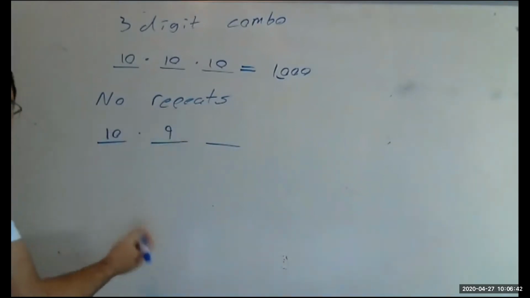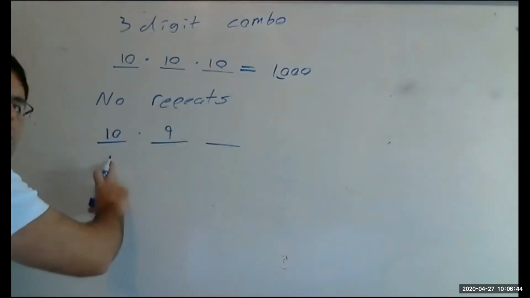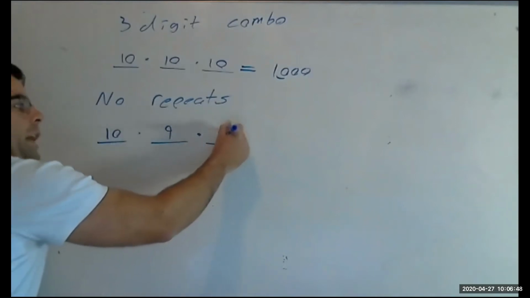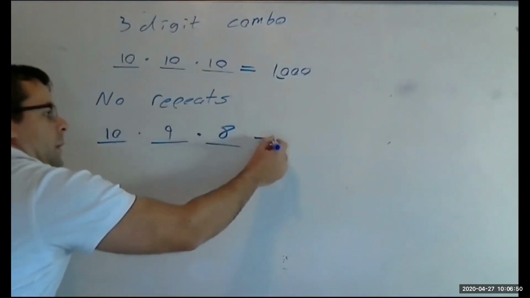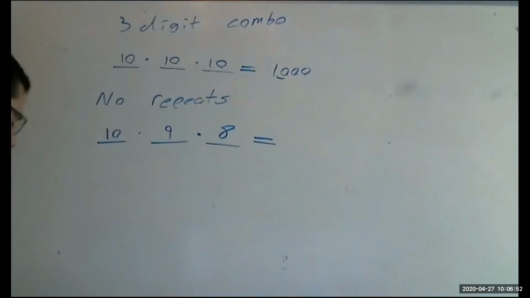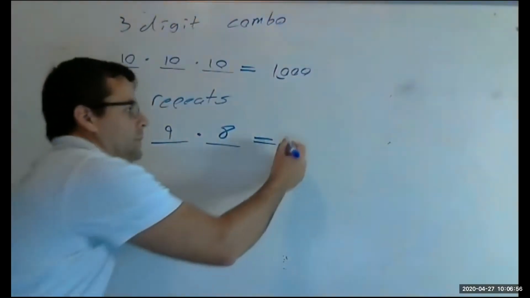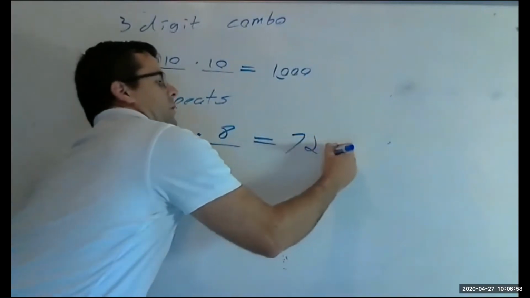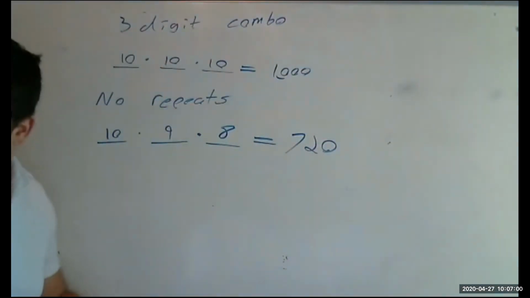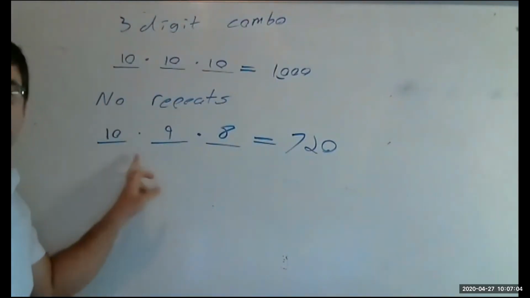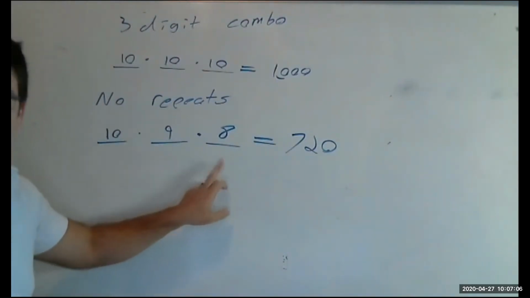The second one, because you can't repeat, you have 9. And the third one, you have 8. So when you actually multiply this out, you get 720.